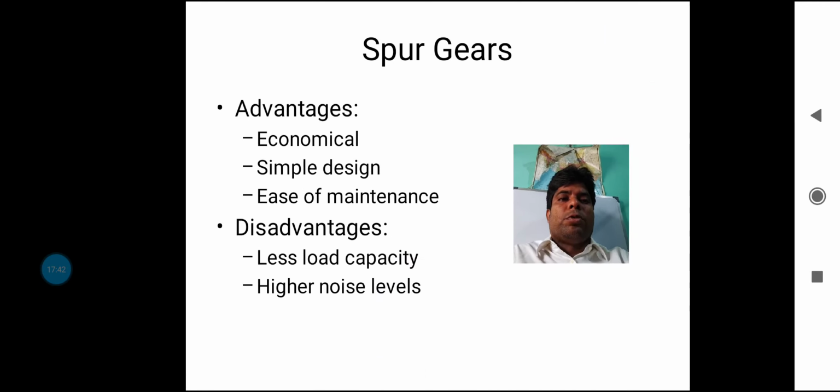Advantages of spur gear: it is economical, simple in design, easy to maintain, there is no chance of slipping, and the compact design is also counted. Now some disadvantages also exist. Number one, less load capacity. Number two, higher noise levels. Number three, higher maintenance cost.